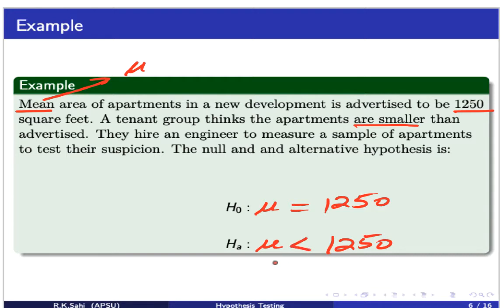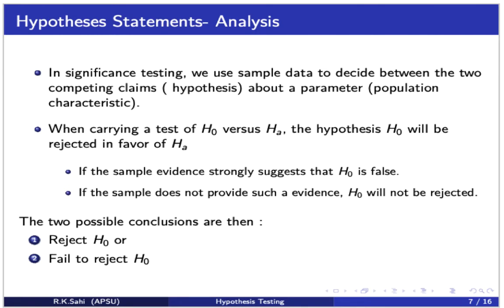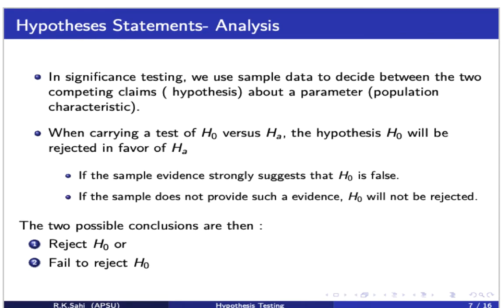Okay, now let's look at the analysis of it. The idea is that when we do our testing, we are basically doing a test of the null hypothesis versus the alternative hypothesis. And we take a sample data to test our claim.